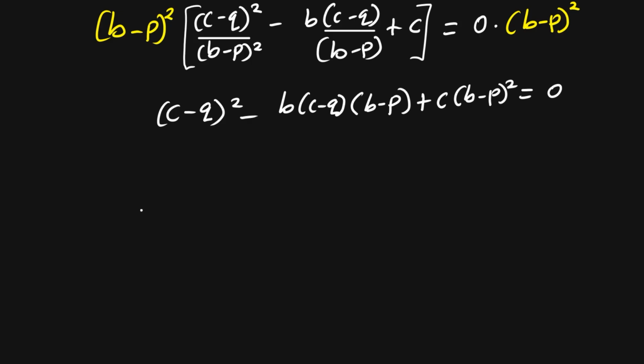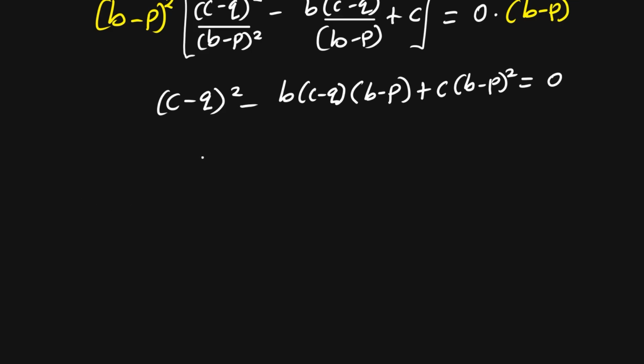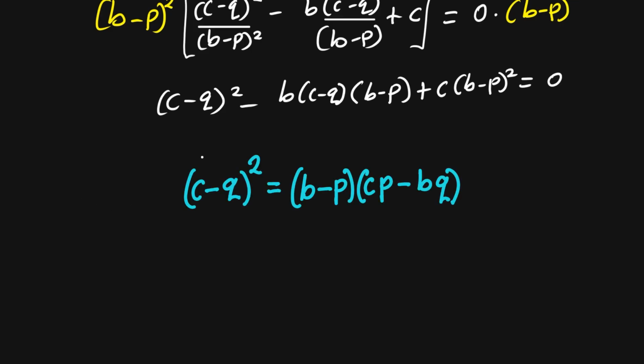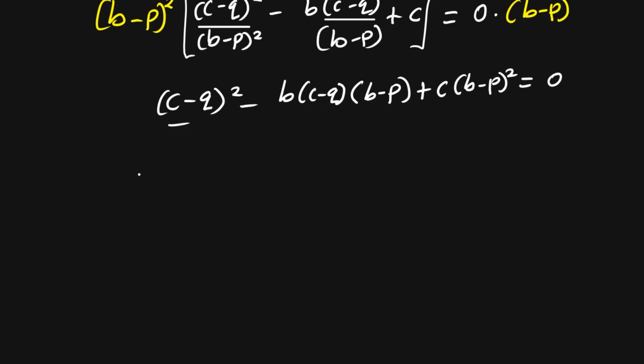But from the problem we are required to show that (c minus q) the whole of it squared equals (b minus p) into (cp minus bq). So let's make this the subject of the formula.